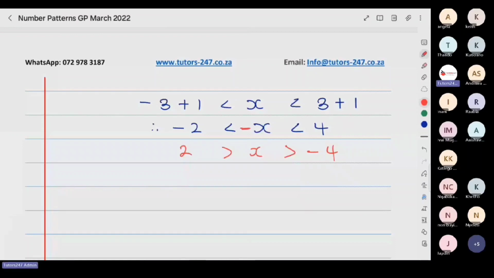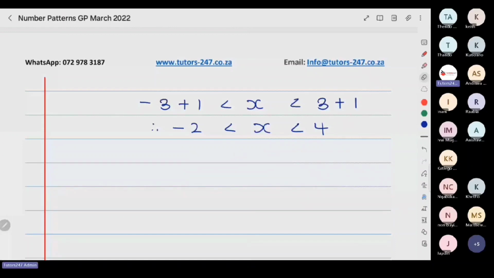Did I give you guys access to the grade 11 shared folder? You don't? Okay. I will give you access to the grade 11 shared folder. I think we went through inequalities a few weeks ago, but there are a lot of concepts from grade 11 that you still need to know in grade 12.